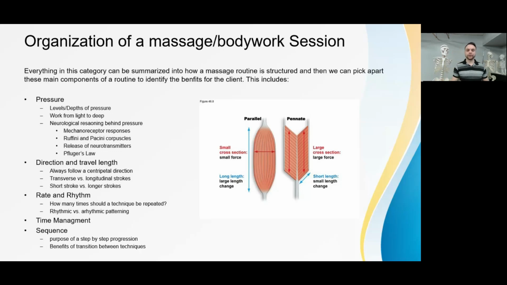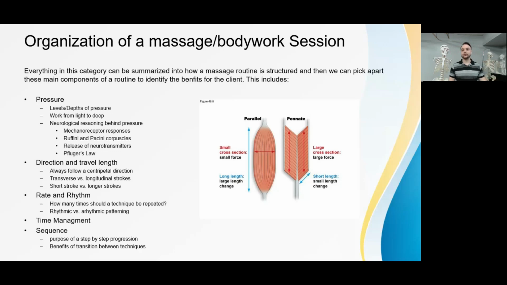That goes more along the lines of the benefits of massage, when we look at what the individual techniques are causing in and of themselves. Even then, we can incorporate that same idea into time management. If we worked on that area with a few techniques, did an excessive number of repetitions, and spent a good amount of time, we might want to just let that area relax.